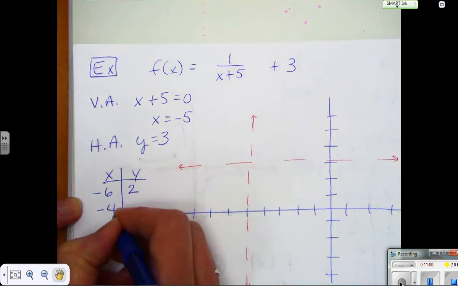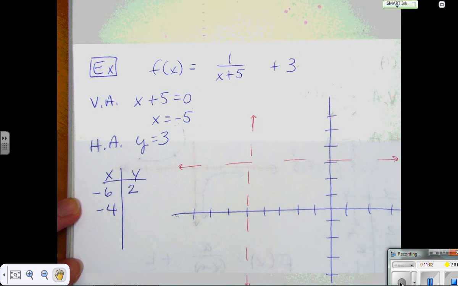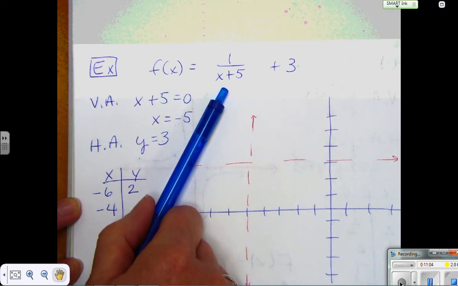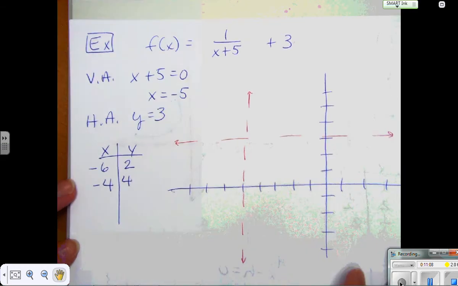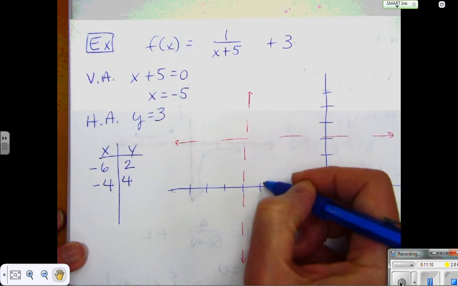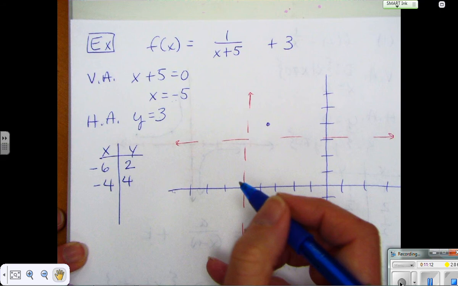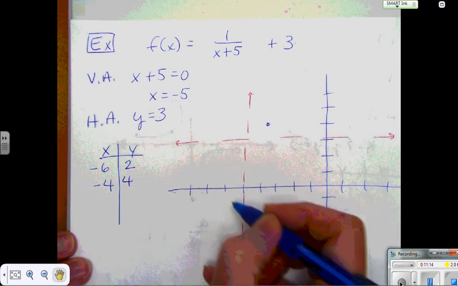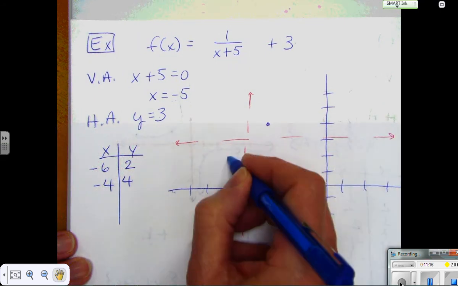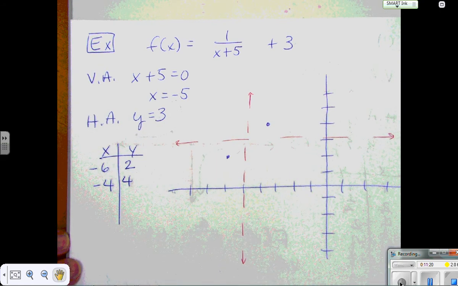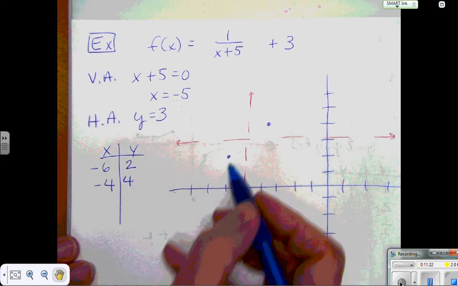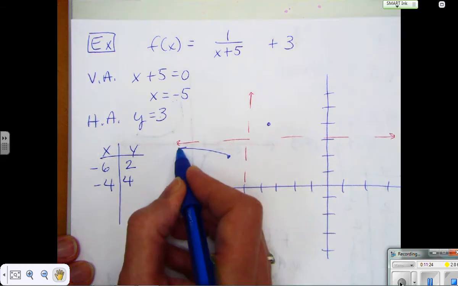Negative 4. When I substitute a negative 4 in for x, y is going to be 4. Okay, so let's plot those points. And then I'm just going to use my asymptotes to help draw the curves.